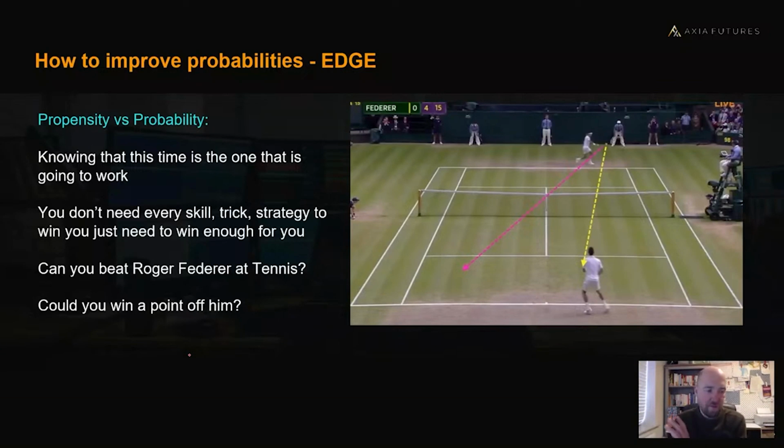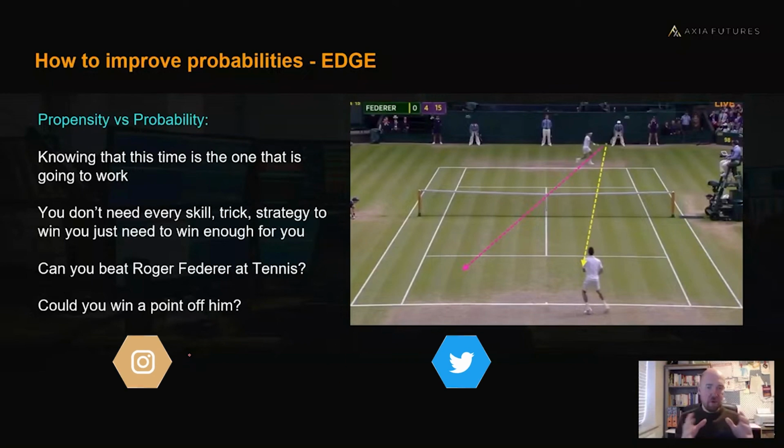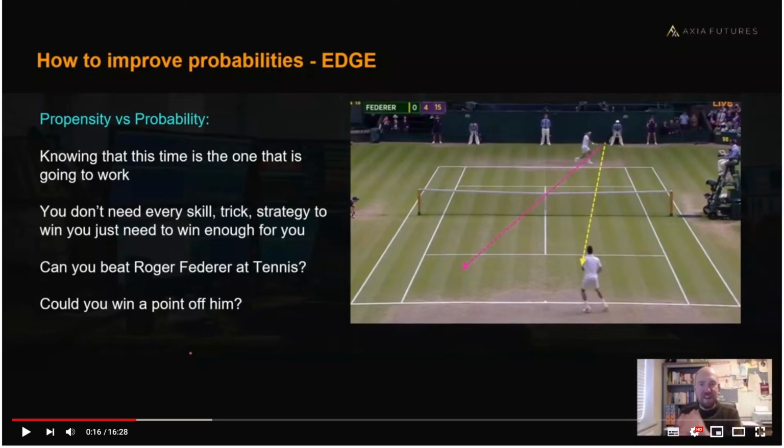I'll give you another example using Roger Federer and explain that in just a moment. But what I'm trying to get to here is, let's say you've got a trade that has a 60% win rate, a 60% chance of winning. What you can do to improve that, and I'm sure we've all been in situations where you can say to yourself, yes, but in this situation, this is definitely going to work.